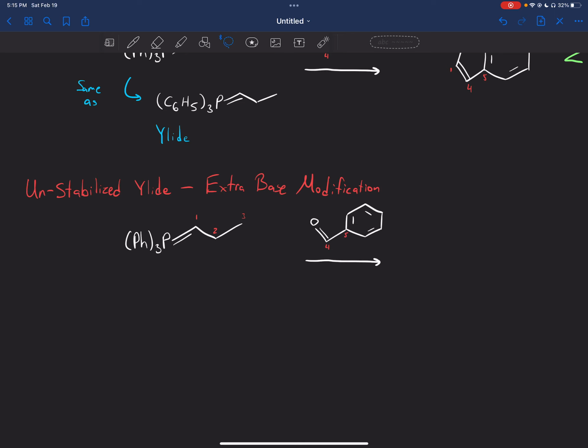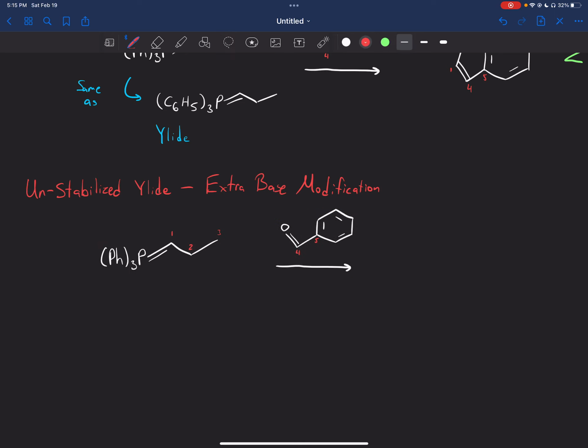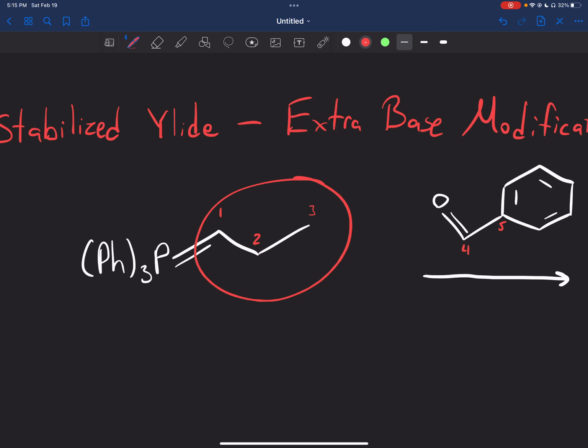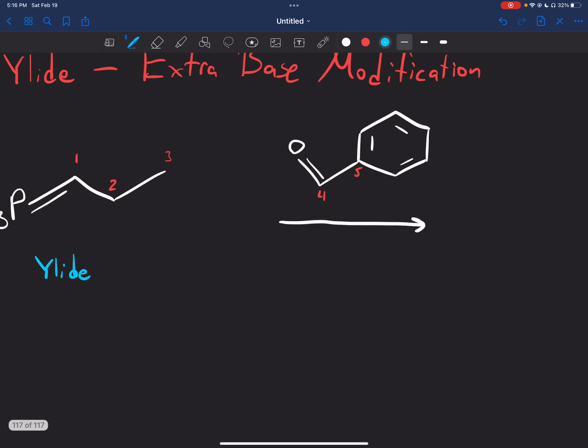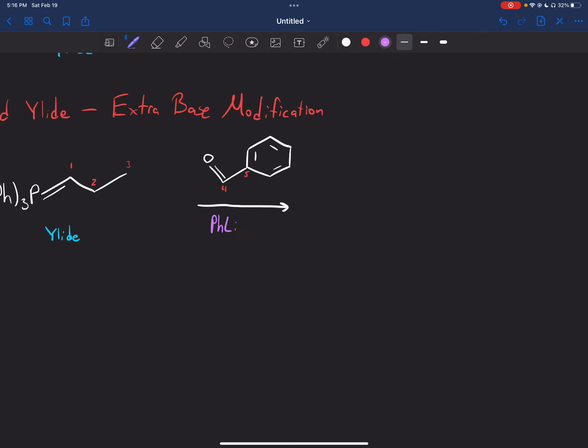With the extra base modification, we keep everything the same. It's still an unstabilized ylid. The ylid itself does not have an electron withdrawing group, but we're going to add an extra base, usually PhLi, a phenyl, which is a benzene, bonded to lithium.